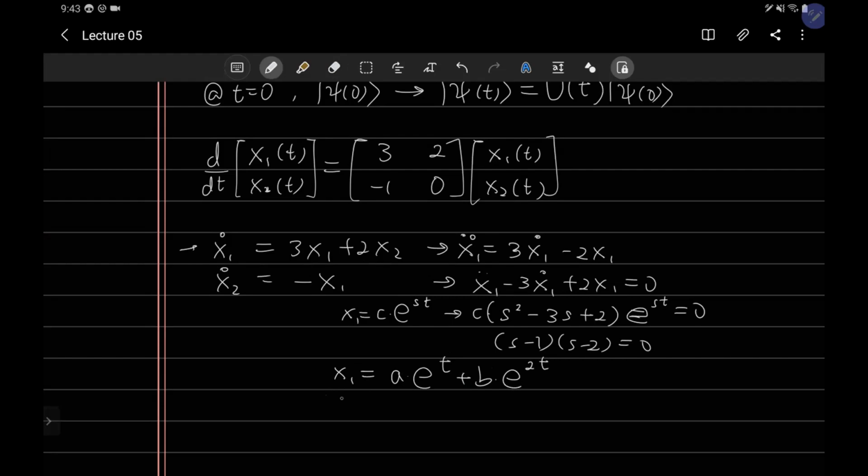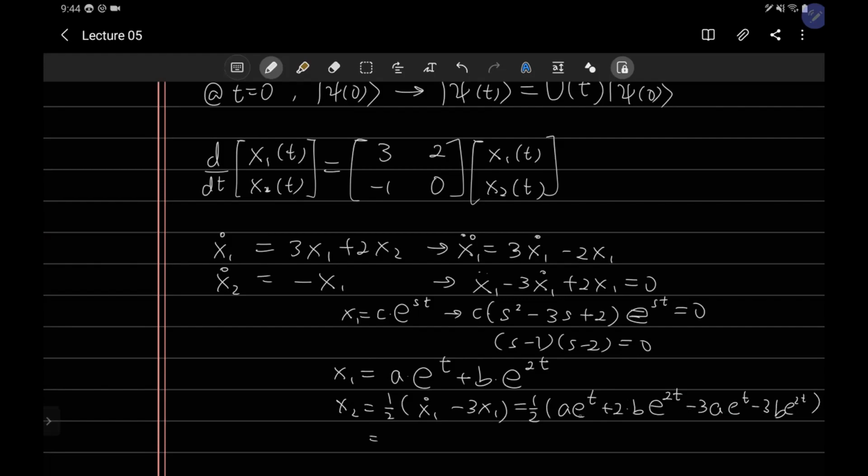Then x2 is 1 over 2 times x1 dot minus 3 x1, which is a e to the t plus 2b e to the 2t, minus 3a e to the t minus 3b e to the 2t.